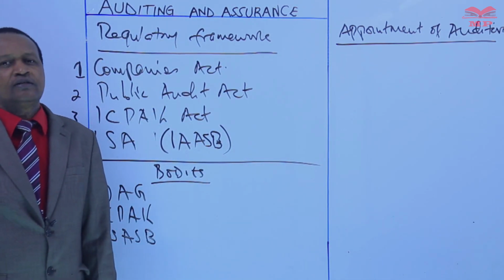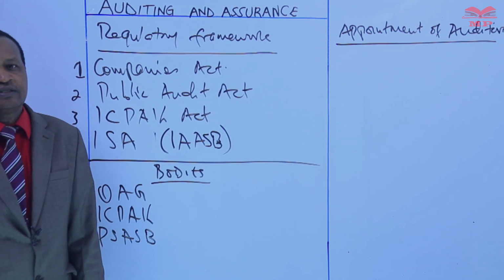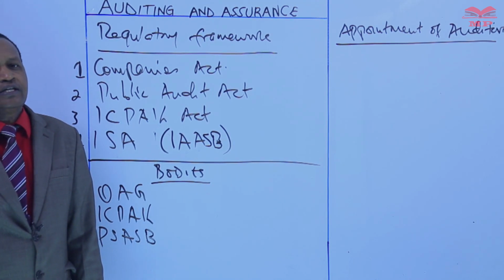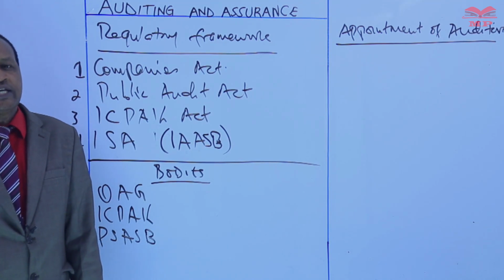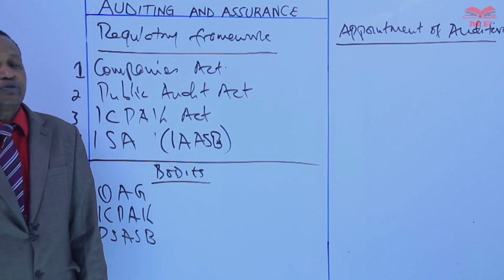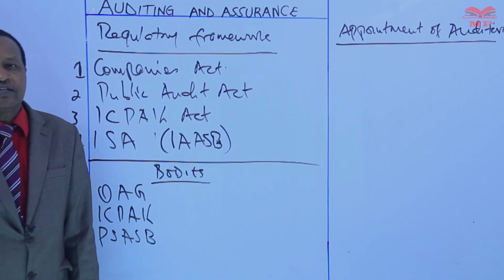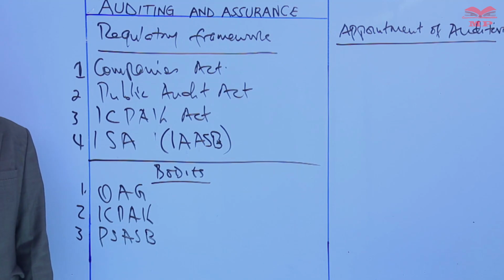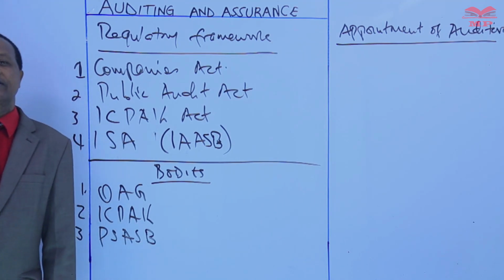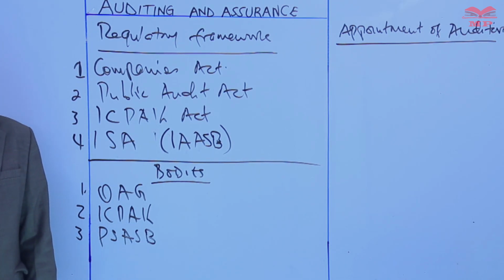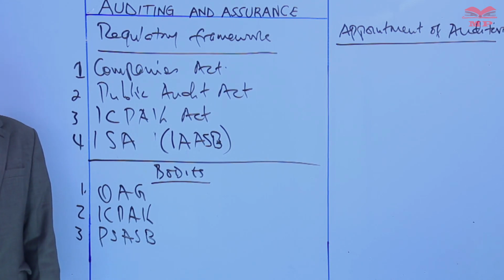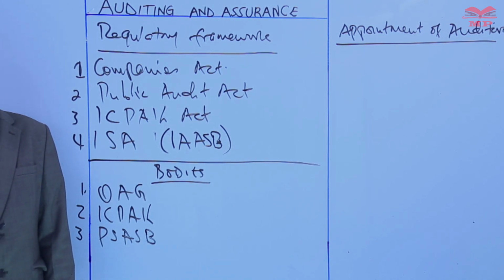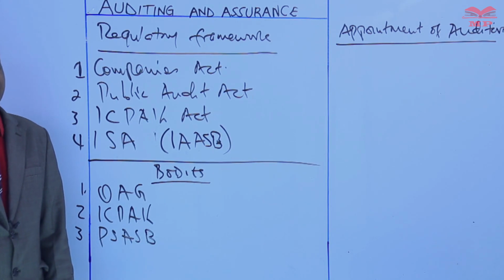The professional frameworks, let me put it this way, there are key regulations and procedures that govern the appointment of auditors, and one of them is the Companies Act. The Companies Act empowers the shareholders to appoint an auditor at the annual general meeting.